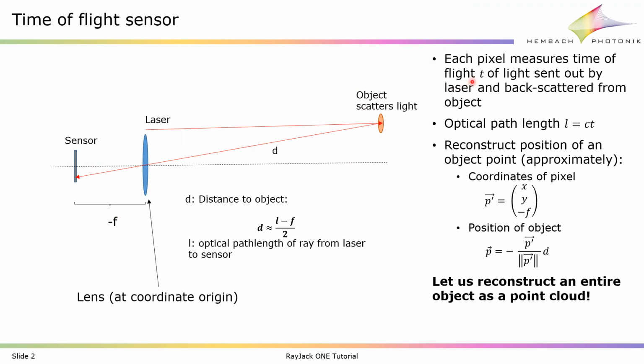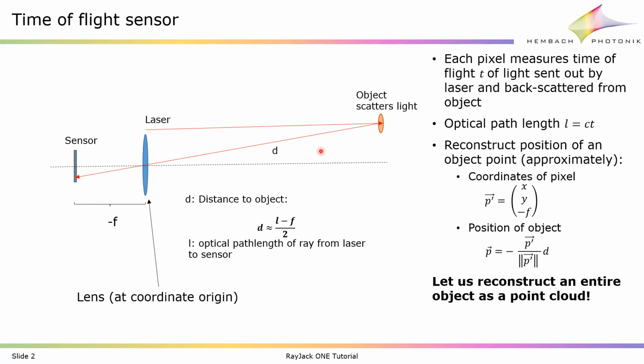Now, each pixel of the sensor measures the time of flight of the light sent by the laser, getting back reflected, and then finally hitting the sensor. And the optical path length is simply the time times the speed of light.